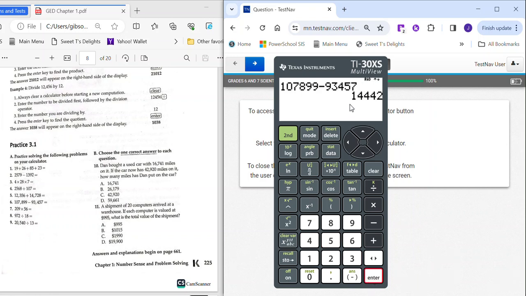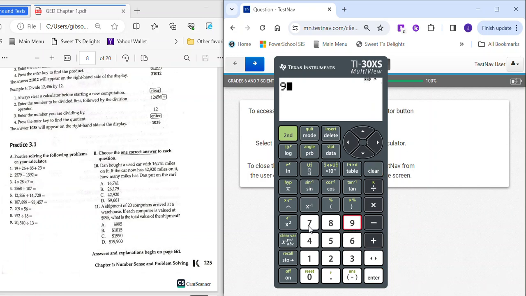Enter. Gives you 14,442. Clear this out. Now we have 209 times 56. Enter. It gives you 11,704. We could clear that out.